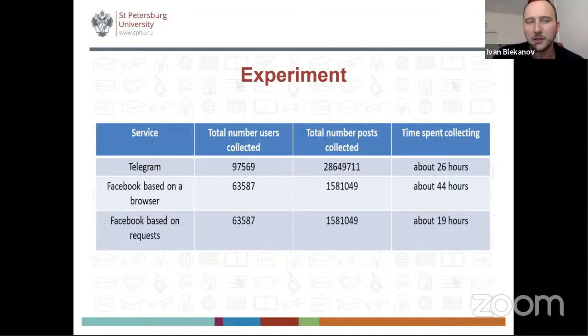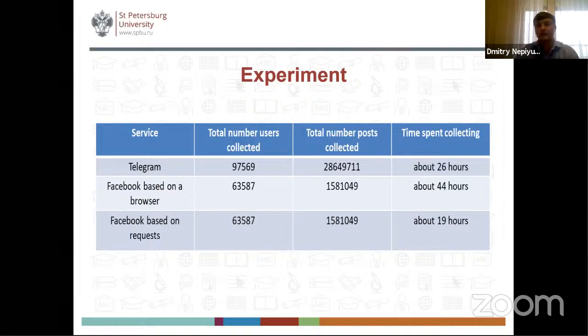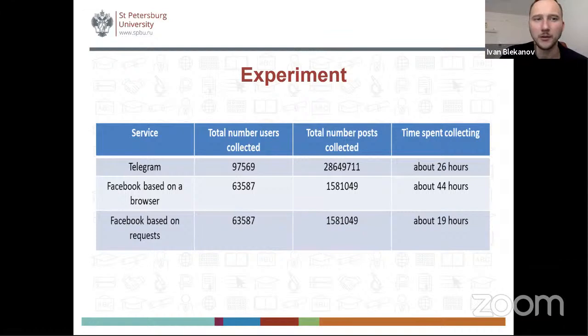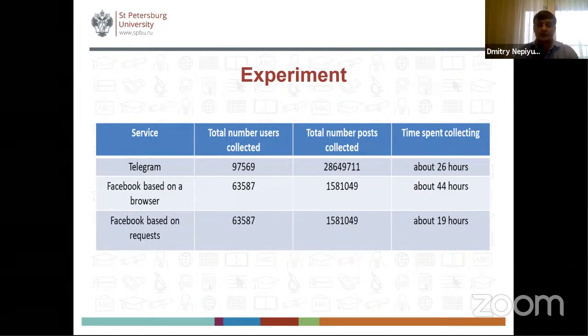I do have a multi-thread downloader, but I want to collect data in one thread. It's very important for me. I test my data crawler in one thread to check how much data I can receive from Facebook in one thread in a reasonable time, because 90 hours is a very reasonable time for the number of posts or users collected.